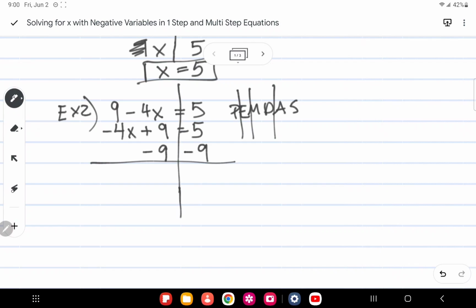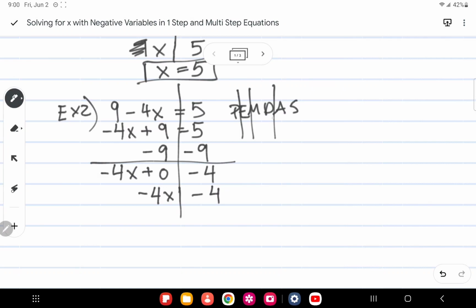Don't forget to draw the wall. Okay. Now 9 minus 9, that's just 0. 5 minus 9, that is just -4. And we will bring down whatever it is that we did not use. Now that plus 0 just goes away, therefore we get -4x equals -4.